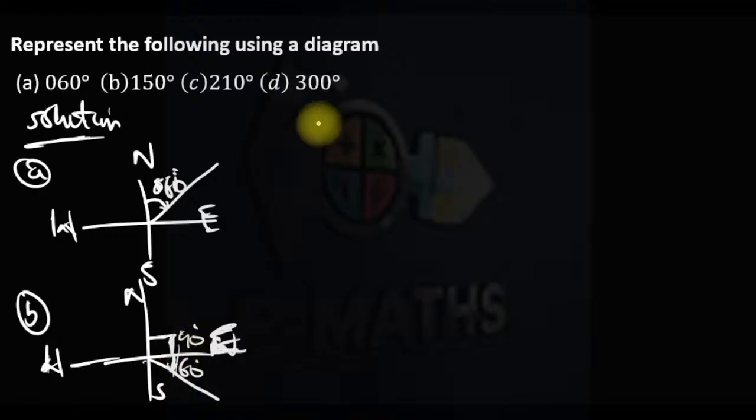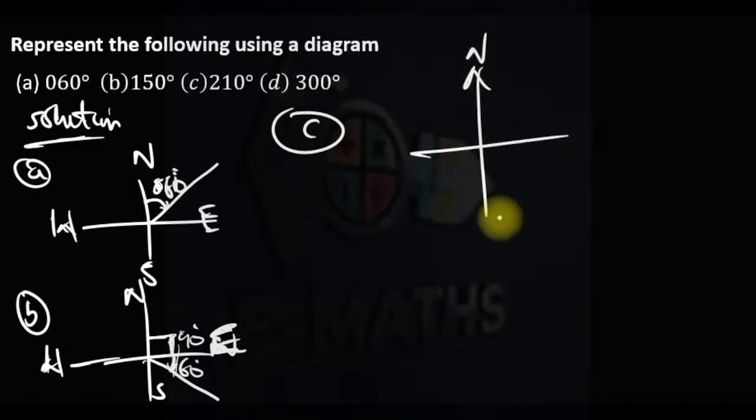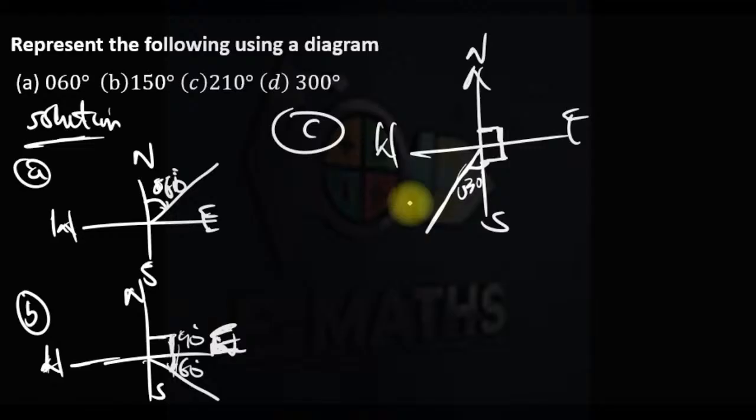Now the other one: north, south, east, west. So 210, we move 90 starting from north. 90 plus 90 is 180. So remaining 30 to make it 210. So this is 30. That's our 150, and that's our 210.